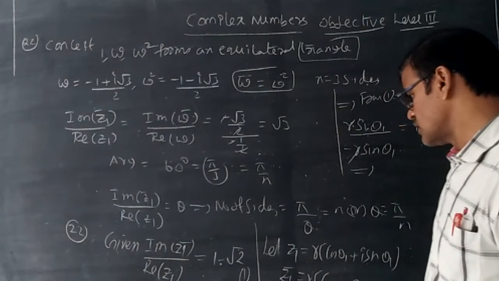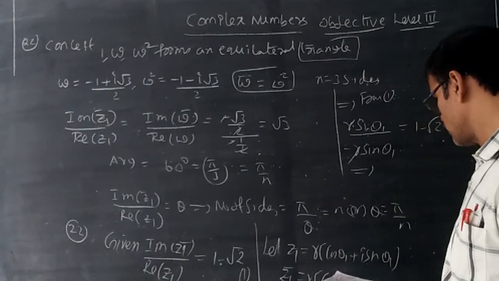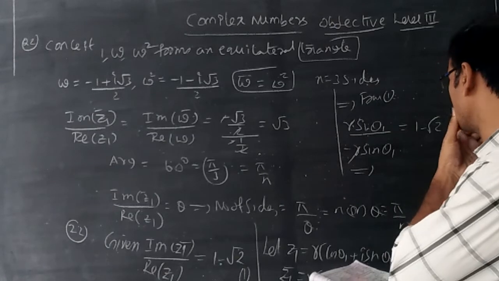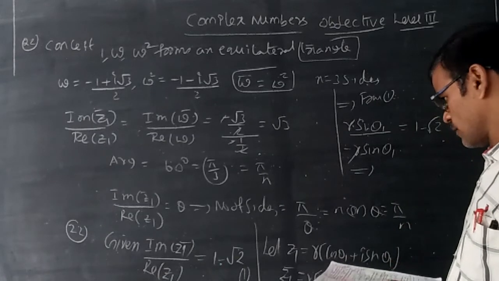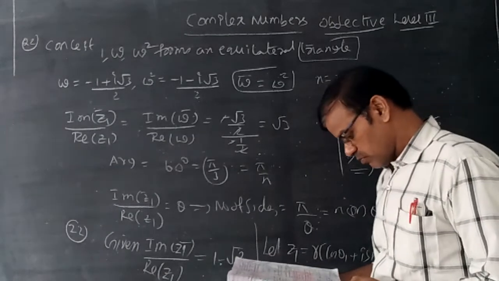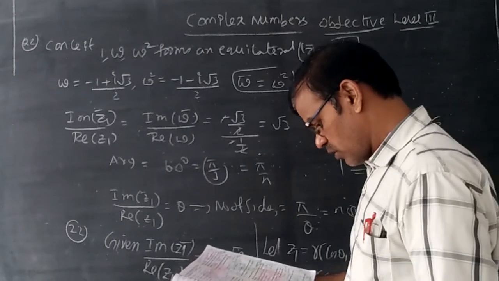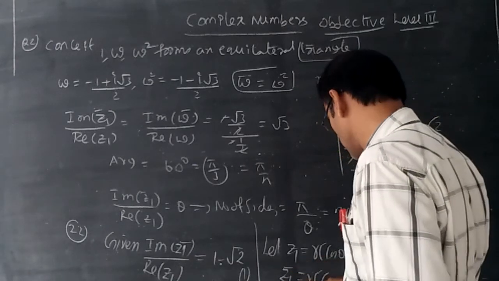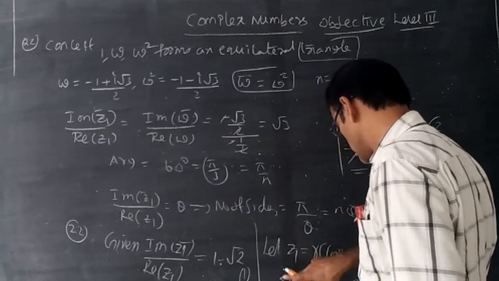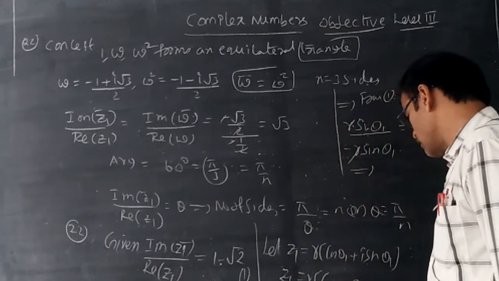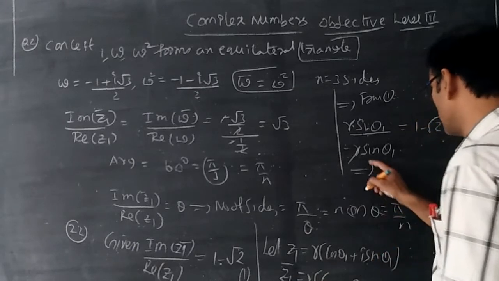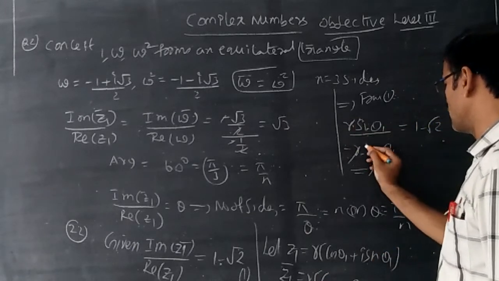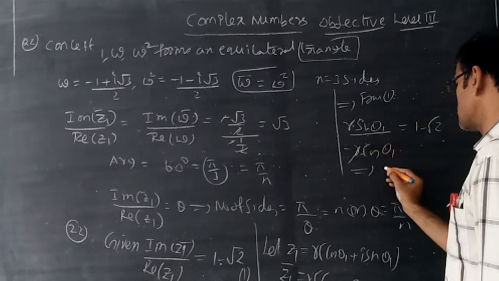Real Z1 is R into cos theta 1. So, imaginary Z1 bar by real Z1 gives minus sin theta 1 by cos theta 1.